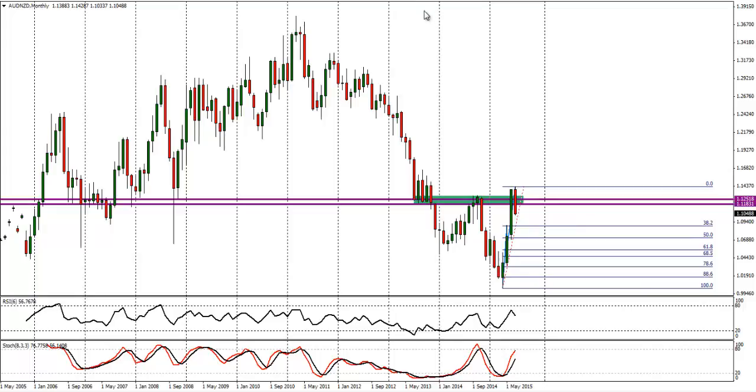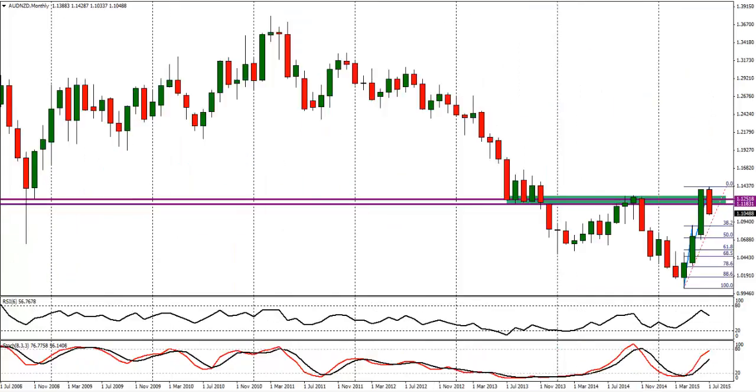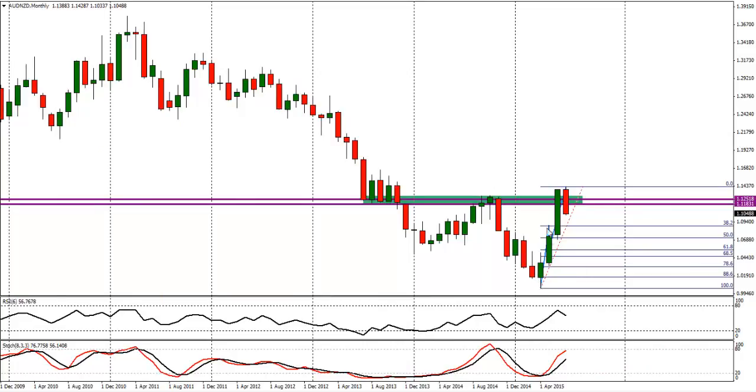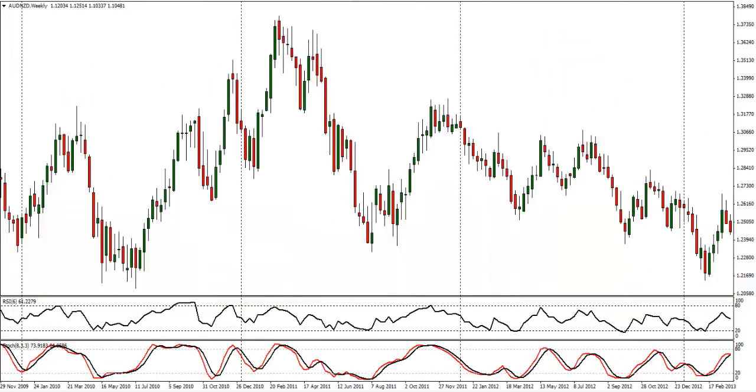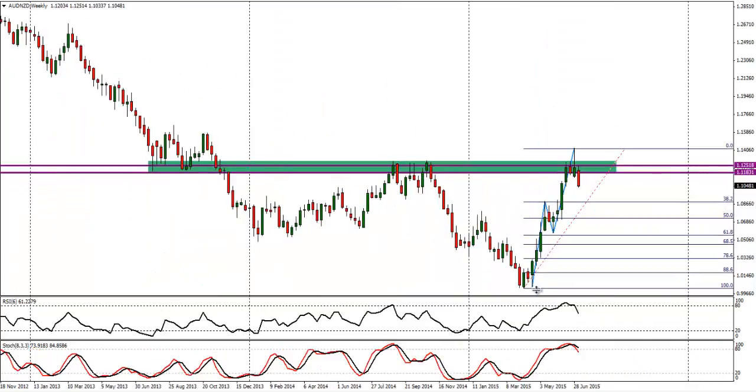The safest way to trade it is going to be to look for confluence of a potential exit point, and the confluence we have here, bear in mind that I am looking at this as potential wave 1 of a 3-wave move up. If I drill to the weekly chart, we can see this is what it looks like here. So we've had that move up, pull back.